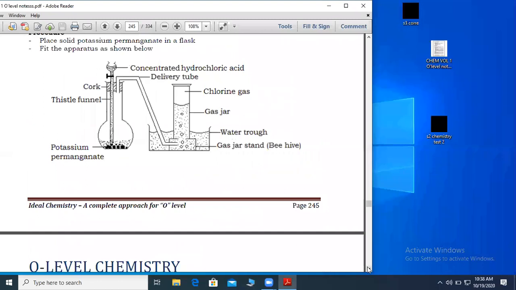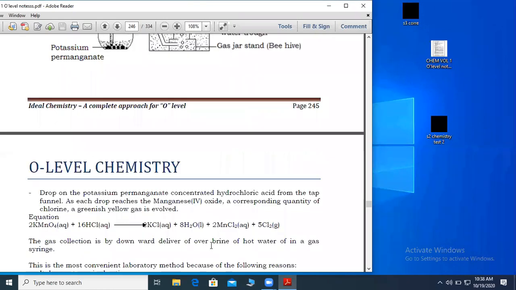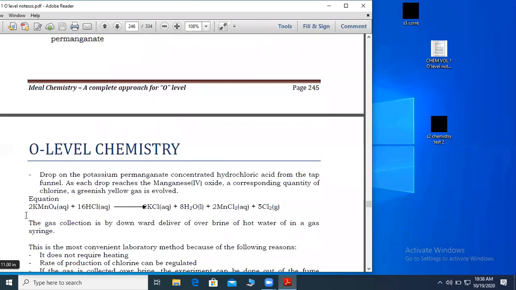Now listen. Drop on potassium permanganate concentrated hydrochloric acid from the tap, as shown. Now I want to tell you something. This equation is not easy to balance. I told you when an equation is not easy, I will always tell you. This equation is not easy to balance. What you should do is, listen to me, put a 16 on hydrochloric acid.